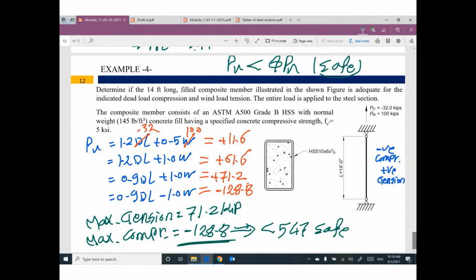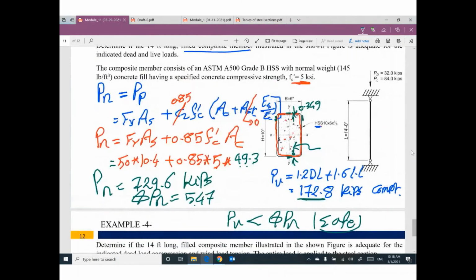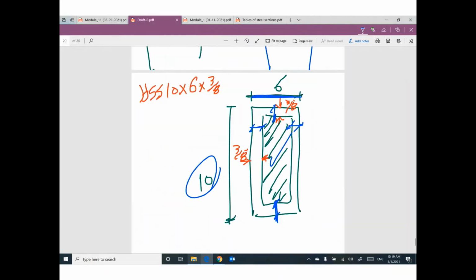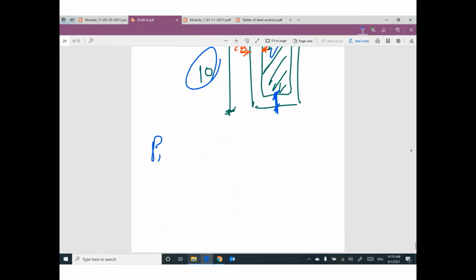We don't have an issue with compression because the column under compression has a design strength of 547. However, the force in compression is 128. So it's safe. What about tension? We need to figure it out. The value of tension equals F yield times area steel plus F yield reinforcement times area steel reinforcement. That's all.